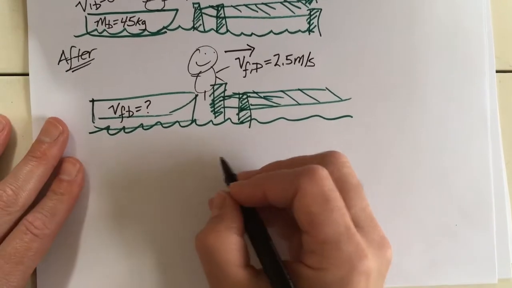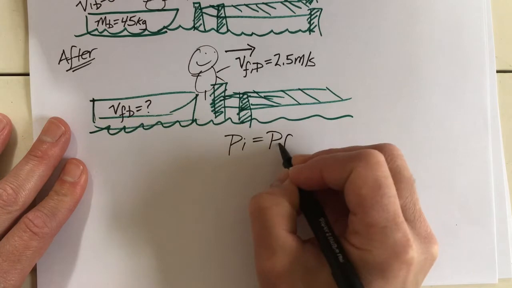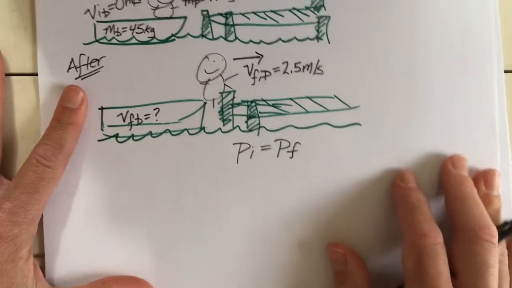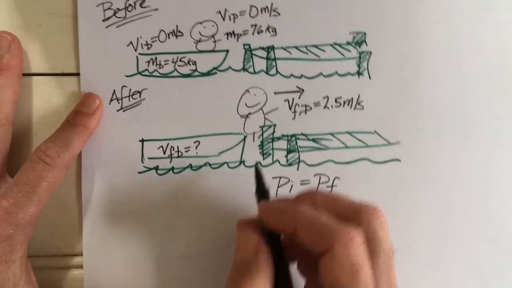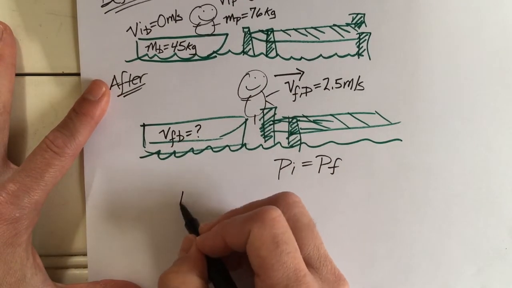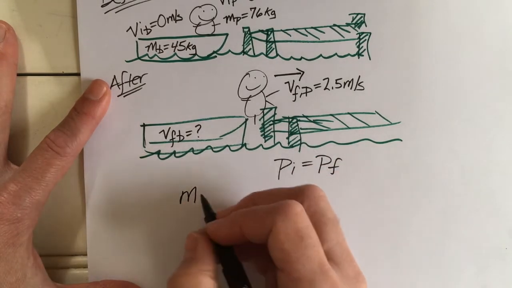All right, so Pi equals Pf. And we have that complicated formula to write out one more time, right? We'll add up the initial momentum. So initial momentum of the boat, we'll say the boat is the first object. I'll just pick one first.